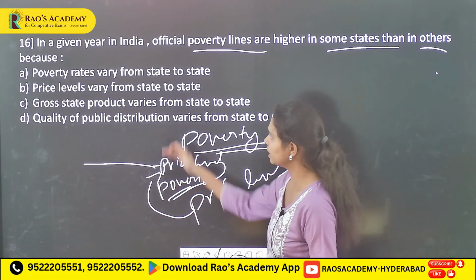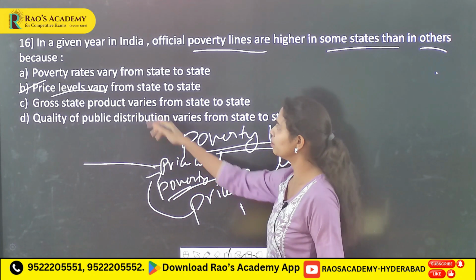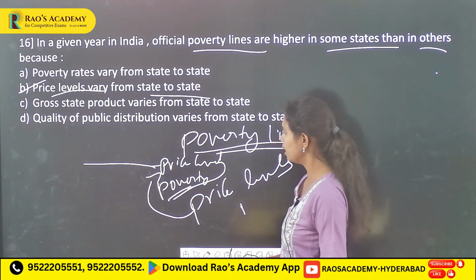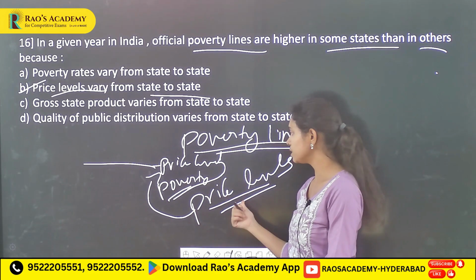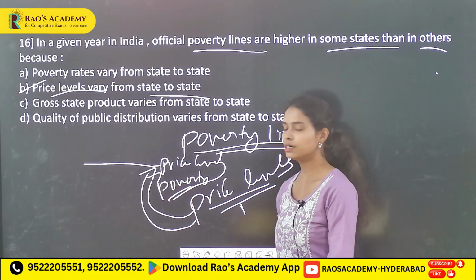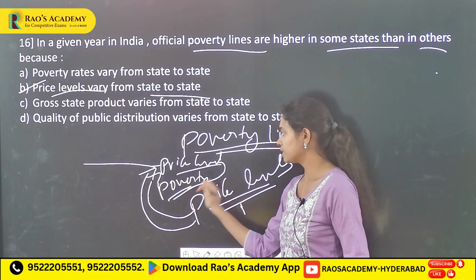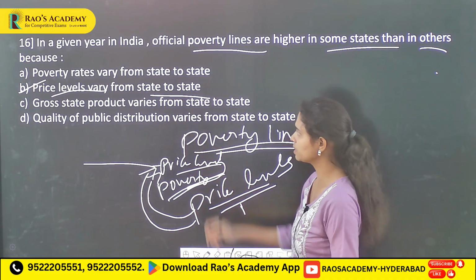So here, option B is the correct one, which directly says that price levels vary from state to state. Because of the varying price levels in different states, there is a difference in official poverty lines. So option B is the correct answer.